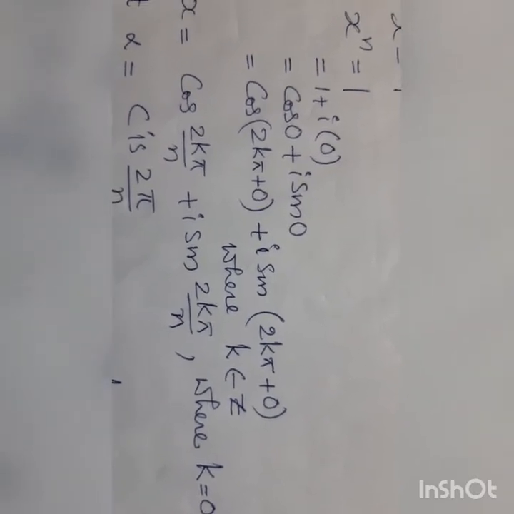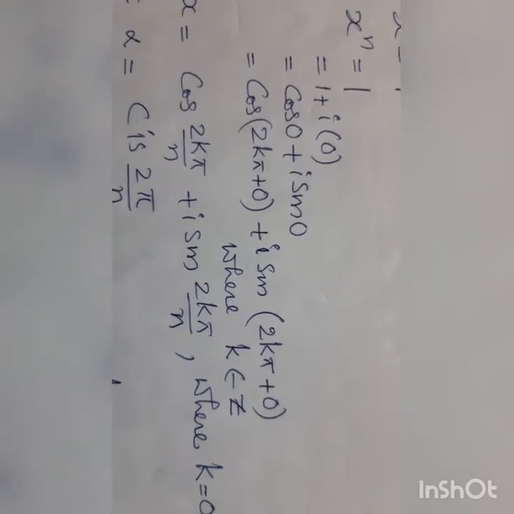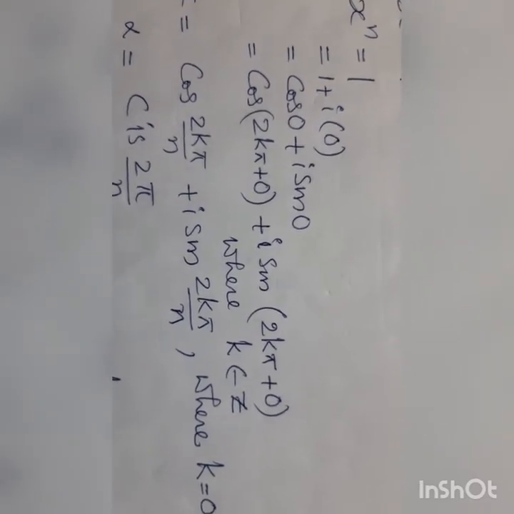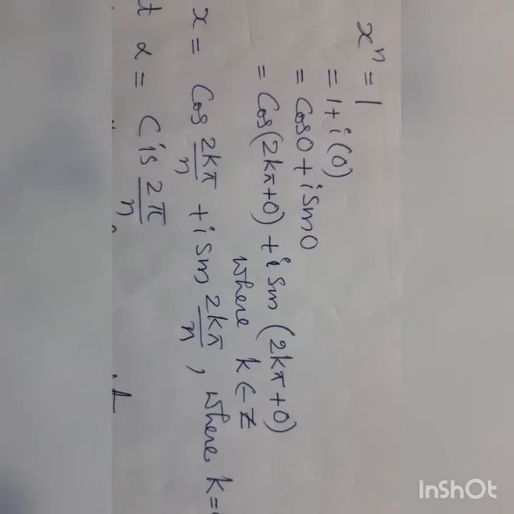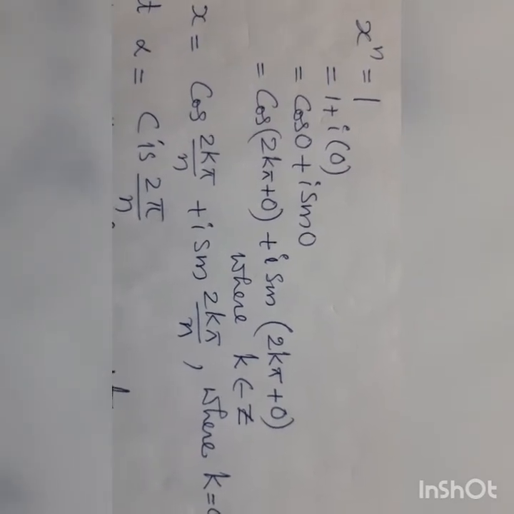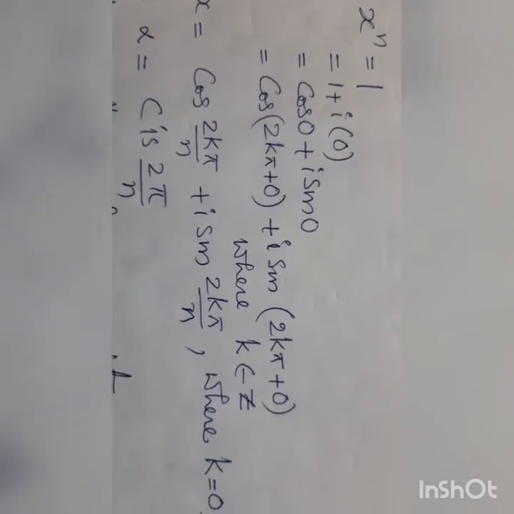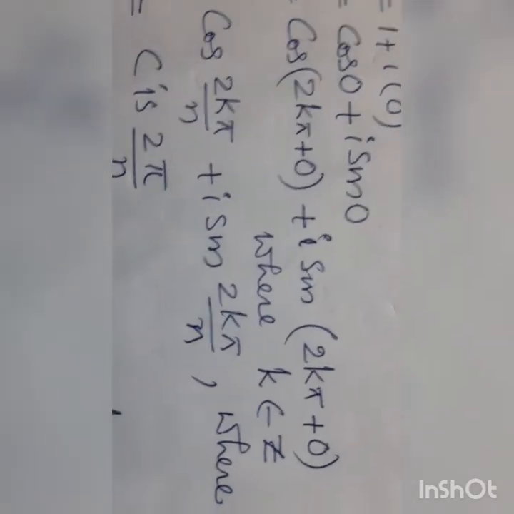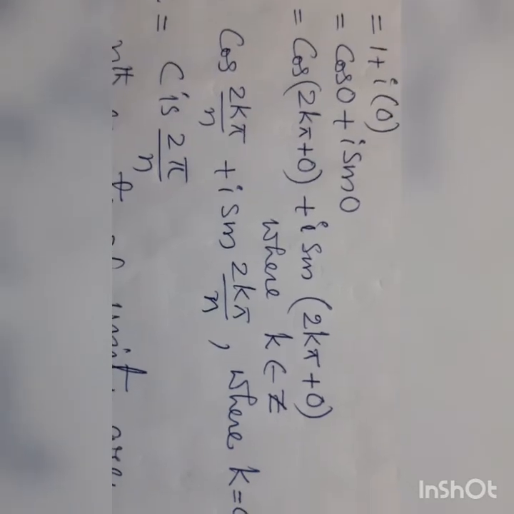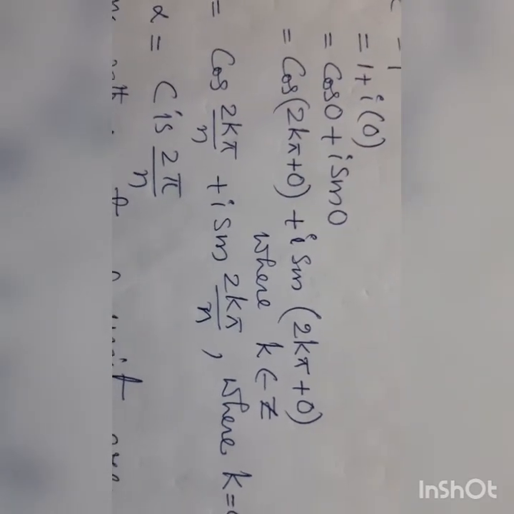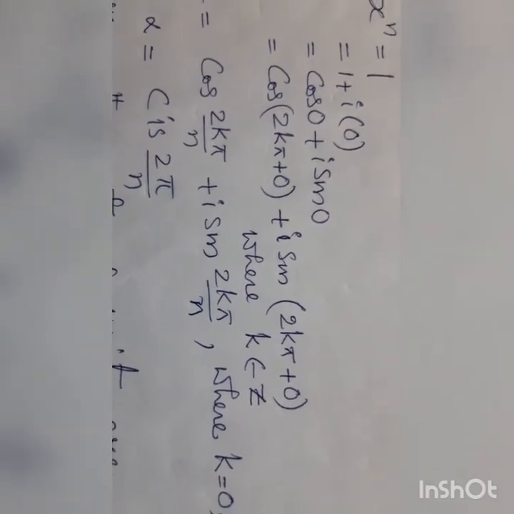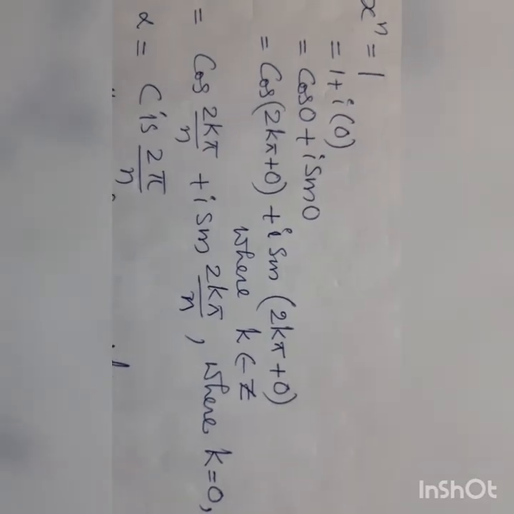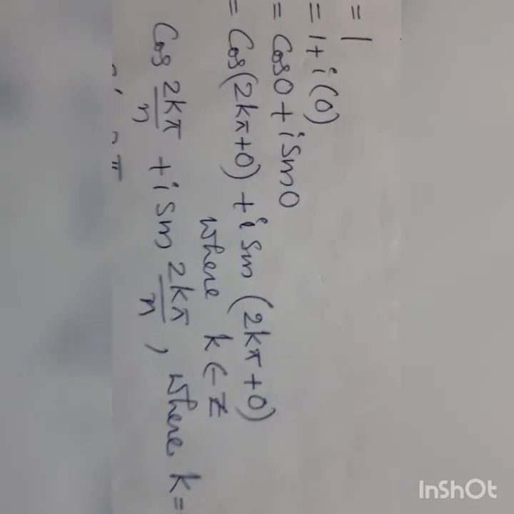For the general polar form, you have to add 2k pi to the amplitude angle: cos of (2k pi plus 0) plus i sin of (2k pi plus 0), where k belongs to Z. Again listen, cos 0 plus i sin 0 is the polar form for 1.